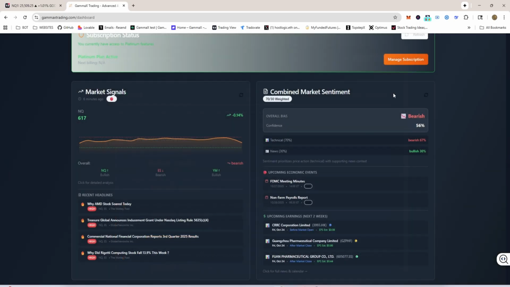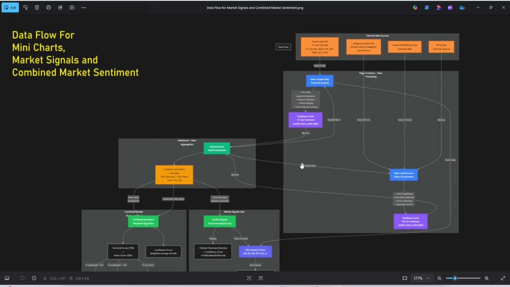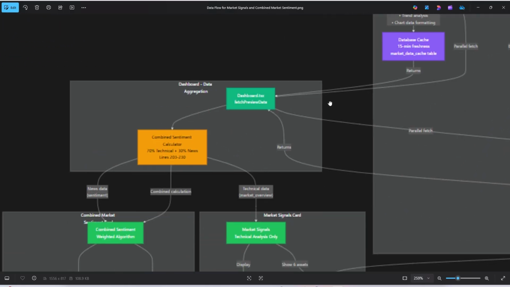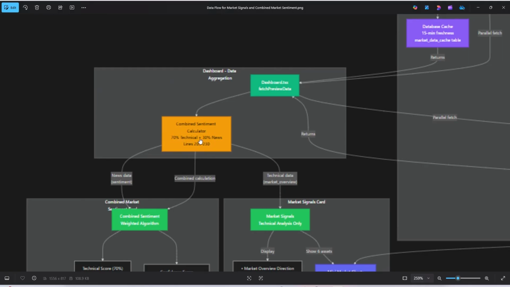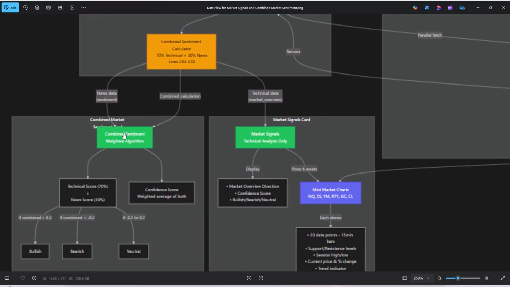And what I've done is it's heavily weighted on technical because it's technical trading, and we do have some news impact as well. So it scores this, and we're pulling data from our 4 different APIs and combining it with our 70% based on technical, 30% on news, and it's looking for our combined sentiment with our weights.